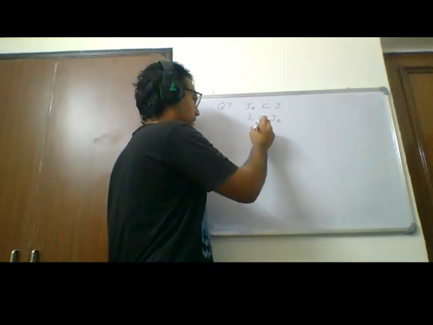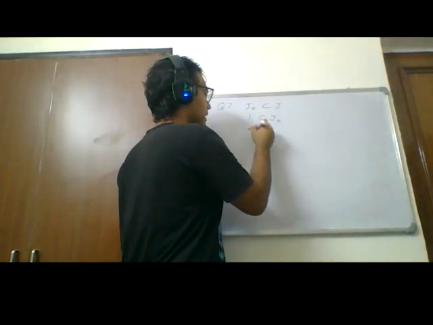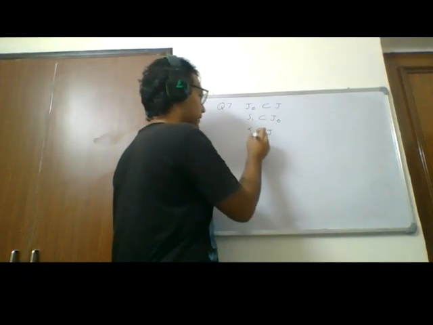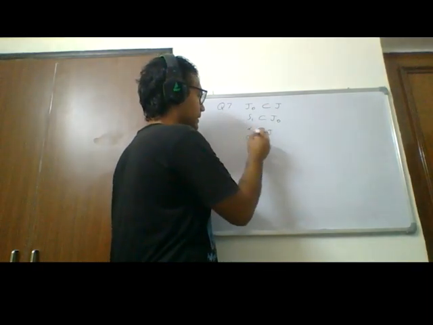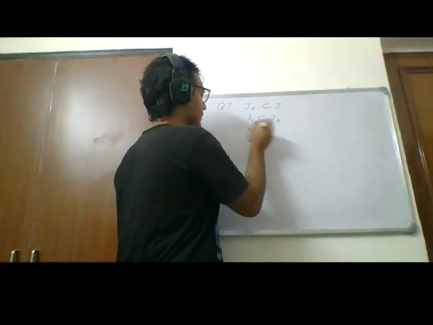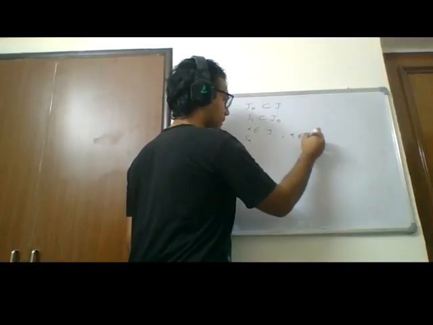And because of that, let's see. Let alpha be the least element of J such that alpha is not in J naught, right?